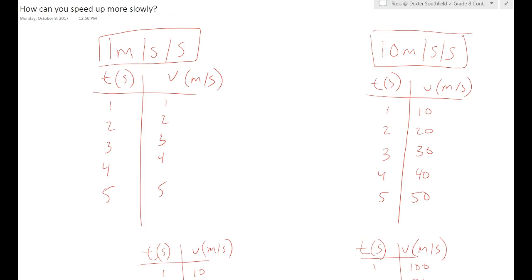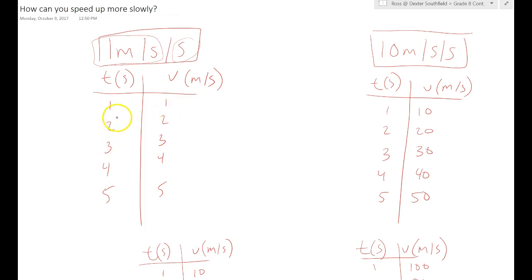So I've set up a little data table. On the left-hand column here, we've got time in seconds, so how long you are accelerating for. And here's your velocity, meaning how big is your jump, right? So in the first second, you will have accelerated up to 1 meter per second.